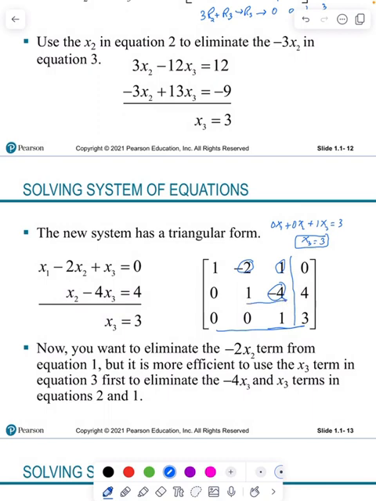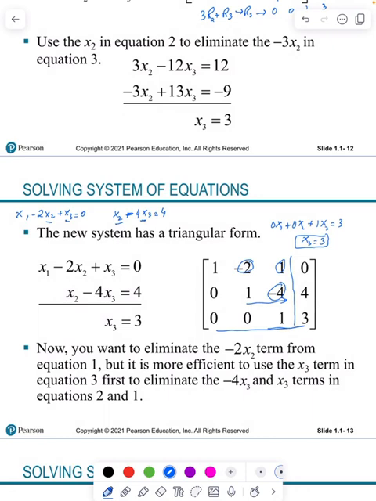If you read the second row of the matrix, the equation related to that one will be 0x1, so no x1 term, x2 plus or minus 4x3 equals 4. So now we can substitute x3 as 3 and then find the x2. In the same way, row 1 gives us x1 minus 2x2 plus x3 is equal to 0. So now we have x3, we have x2, we substitute them and we can get the x1 value.